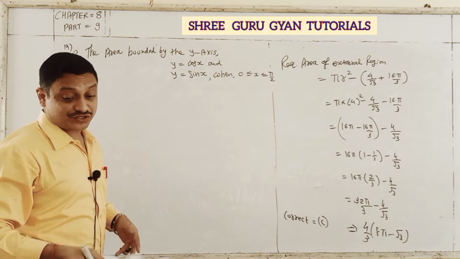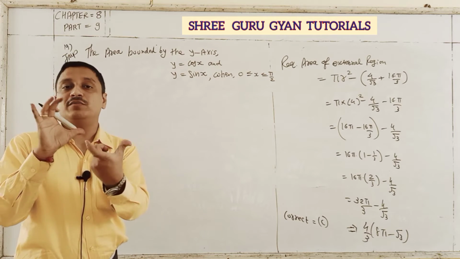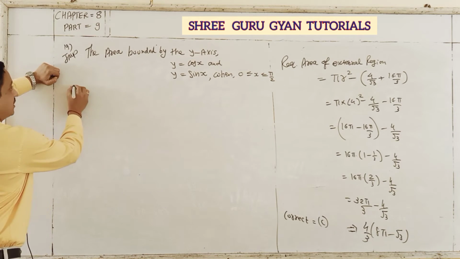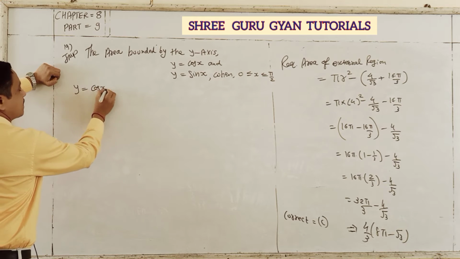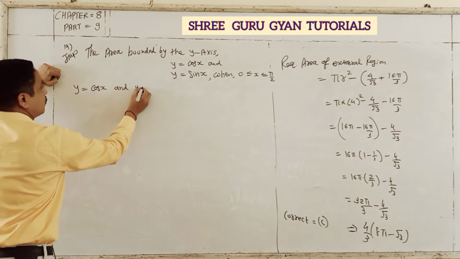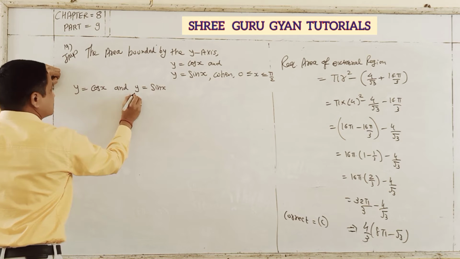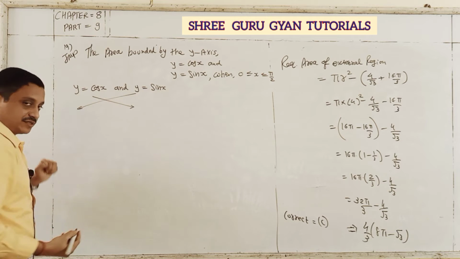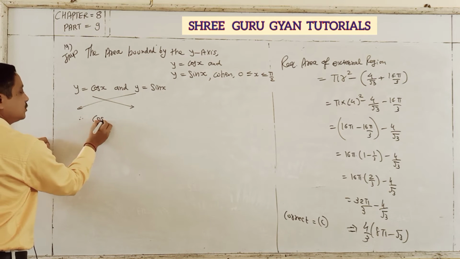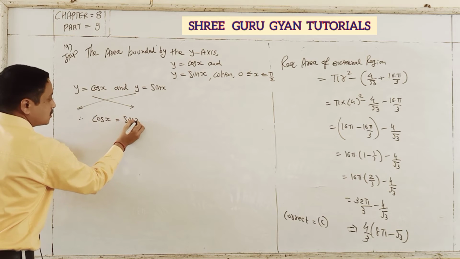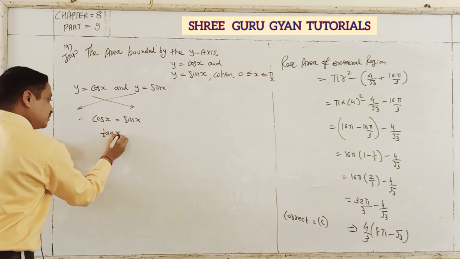Very easy. First, students, I will take the region bounded between both. So y is equal to cos x and y is equal to sin x. Just simplify it. So students, cos x is equal to sin x, tan x is equal to 1.